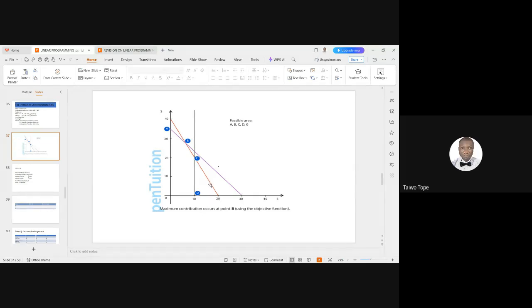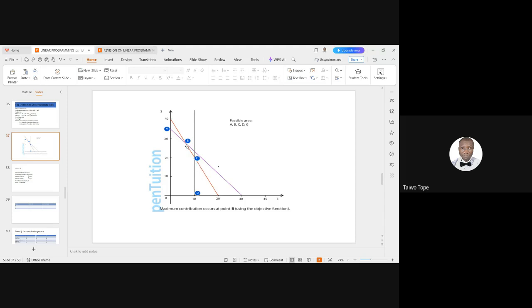So when you solve for that, when you substitute the values into your equation, what will you have? But the question now is, which value will you pick on this line? You know you have two points here.